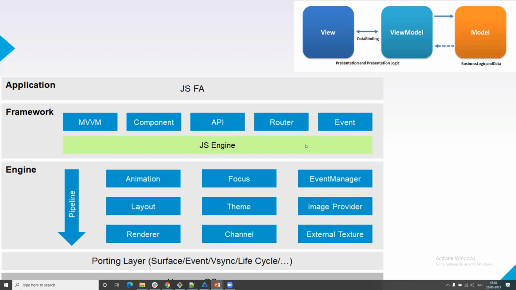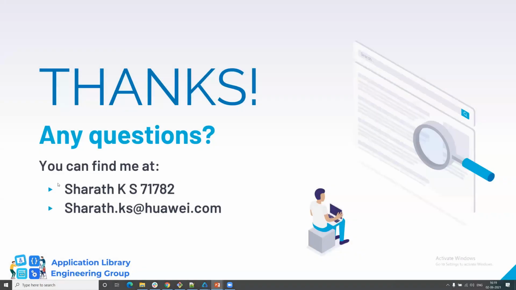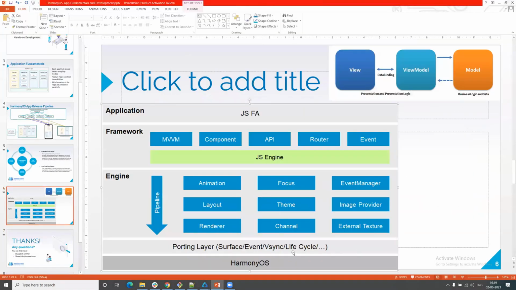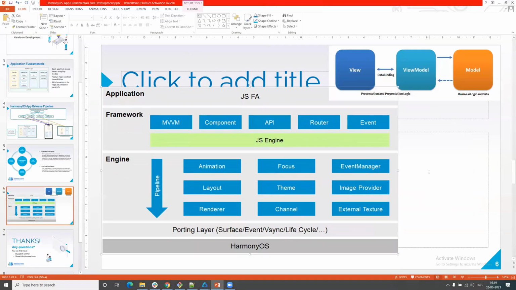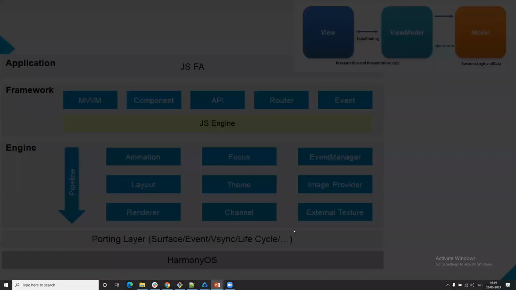So event handling and routing are key features of the JavaScript framework. In the actual engine part, animation is used for rendering the animation components present here. If you see the pipeline before, maybe it's a little bit down. Let me show that. So this is good.